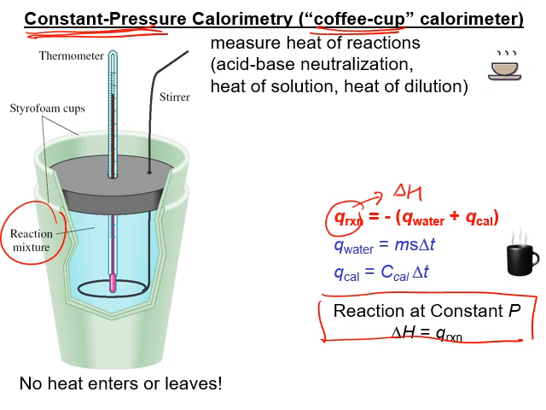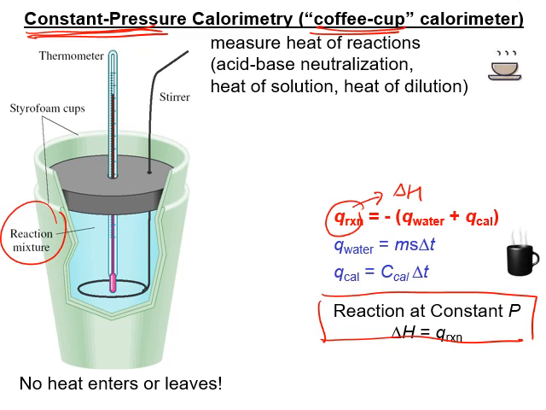As you can see, just now the bomb calorimeter sample tended to be solid, while for the coffee cup calorimeter it tends to be liquid. And since it is liquid, of course they are using water, because many solutions use water as the universal solvent. So many reactions can be measured by these coffee cup calorimeters.